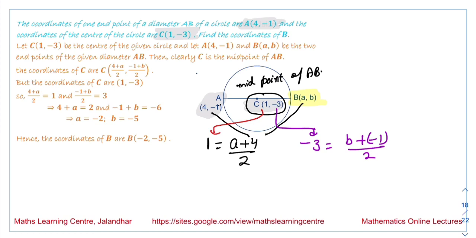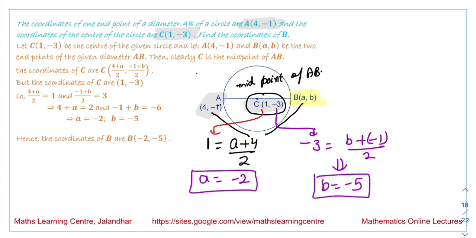On solving this, we will get the value of a is equal to minus 2. On solving this, we will get b is equal to minus 5. So the coordinates of the point B are minus 2 comma minus 5.